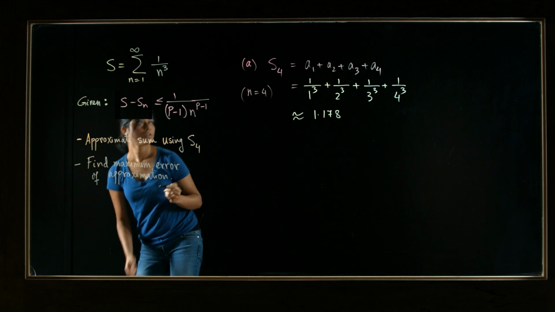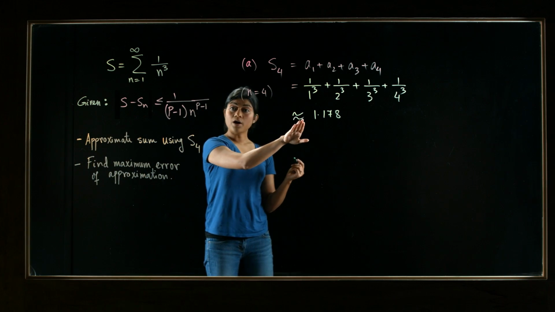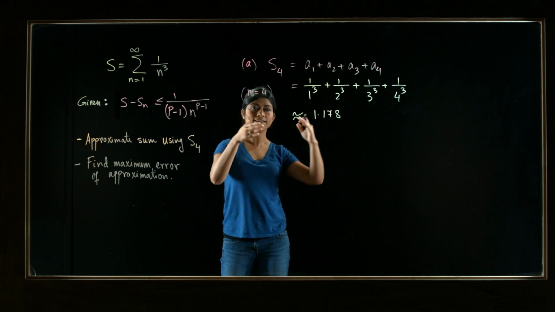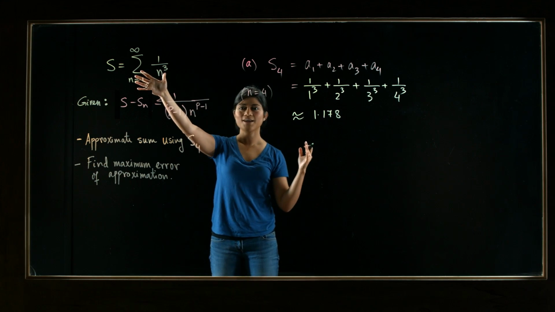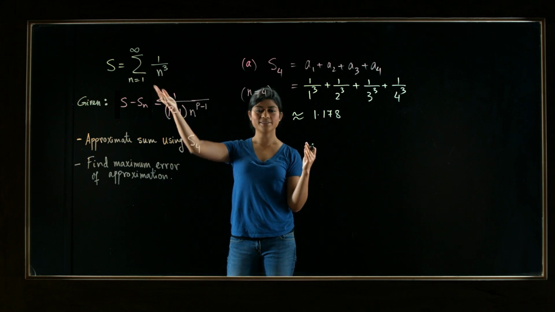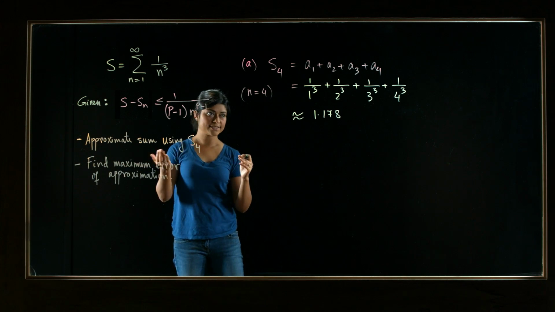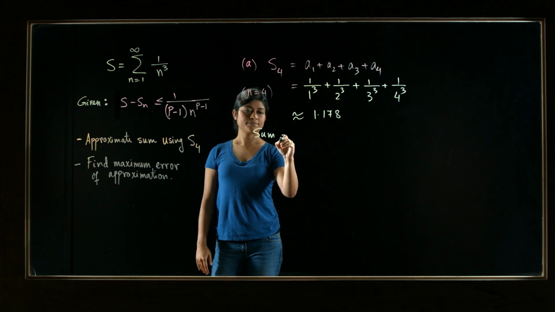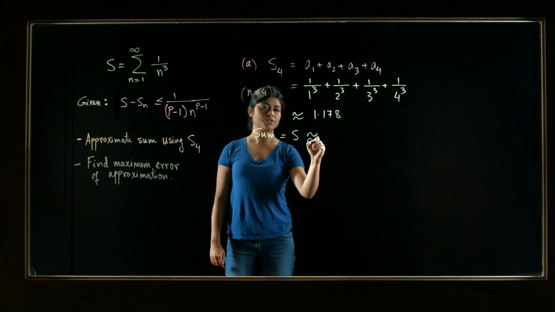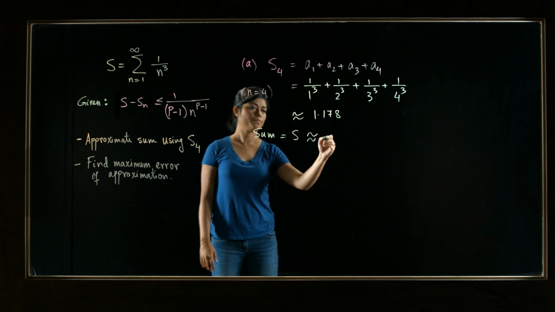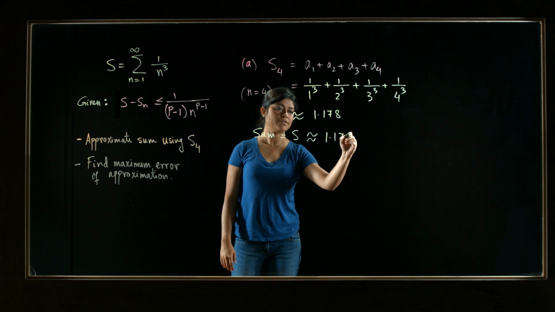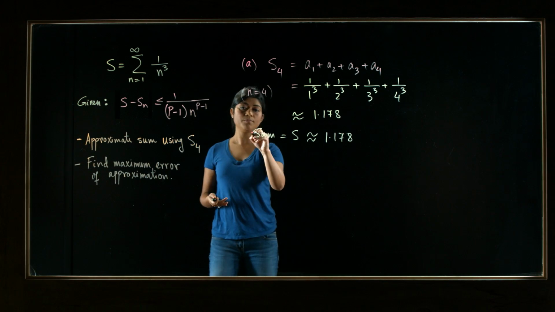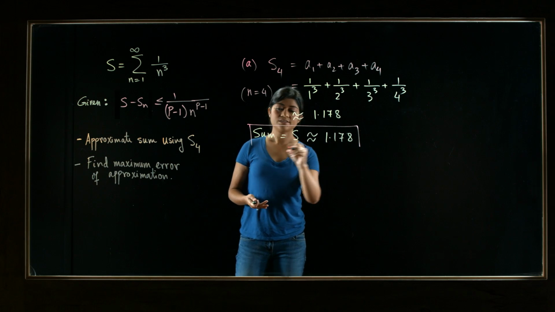Since this is a partial sum, if you compute all these partial sums, the limit will give you the actual sum of this particular series. So we are approximating that sum. So the sum, if you call it S, is approximately equal to its partial sum, 1.178. That's how you can approximate the actual sum of a given series.